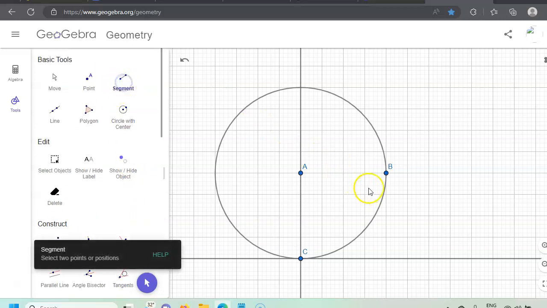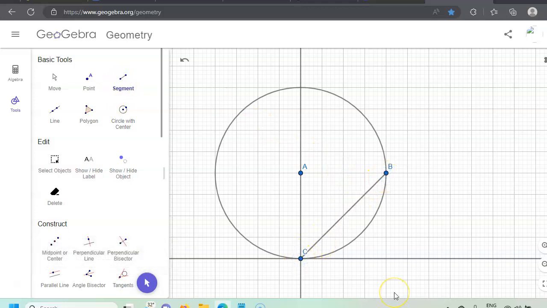So we are going to connect B and C, and then we are going to have the angle at the alternate segment using vertex D. So we are now going to connect D and C, and then D and B. As you can see, the chord is at the right semicircle, and the angle at the alternate segment is at the left semicircle.